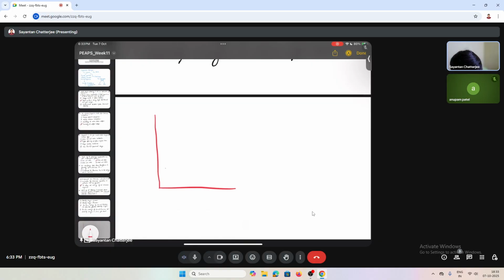So what sir has shown is that this is the graph, right? With the variation in the angle, this will rise. But in case of SVC, it will rise up to a certain point and then decrease. Let's say both are following the same line.